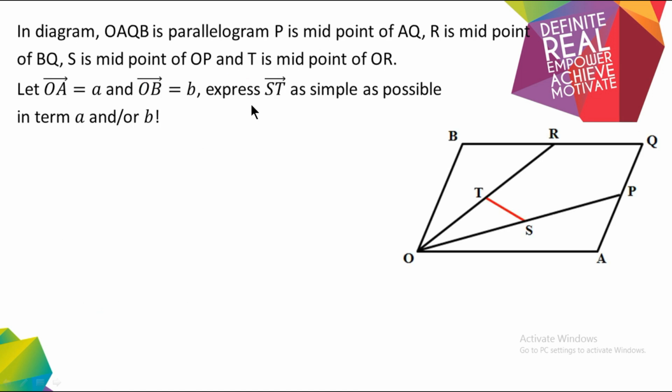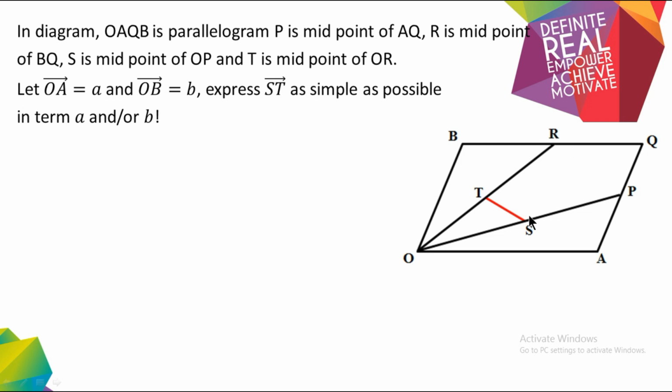Next, in the diagram, OAQB is a parallelogram. This is OAQB. P is the midpoint of AQ. This is P, the midpoint of AQ. R is the midpoint of QB. This is R, the midpoint of QB.